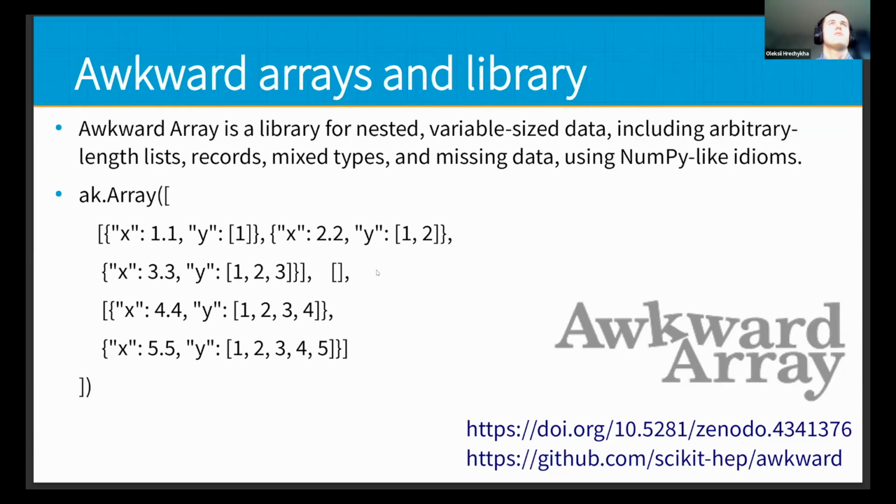And currently, the library that is most frequently used to handle such arrays is called Awkward, which allows for arrays or structures which are completely arbitrary and also consist of not just any types, but mixed types inside of one array as well.